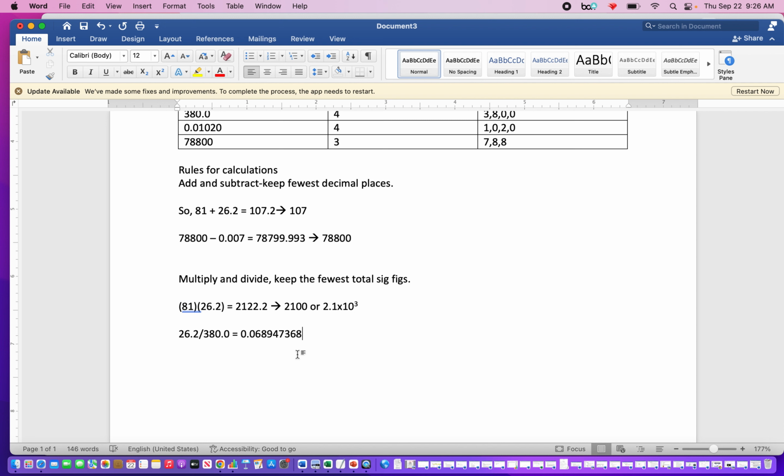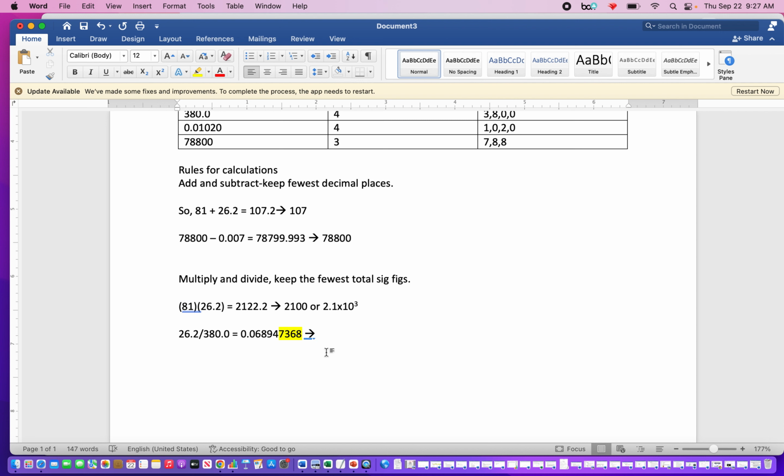And again, the zeros at the beginning do not count. So we're looking at the 68 and the 9, and then I look at the next number to see if I need to round that 9. It's a 4, so I don't need to round the 9, even though there's a 7 after, which would round that to a 5, but you only round once. So don't worry about that 7. We're going to just not worry about any of that.